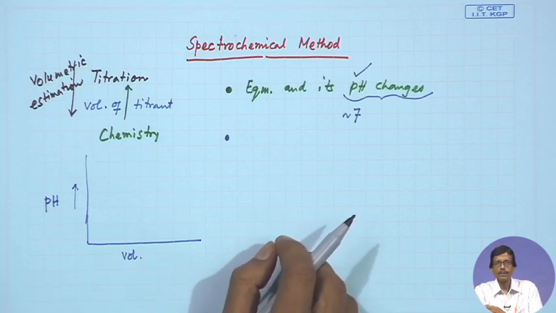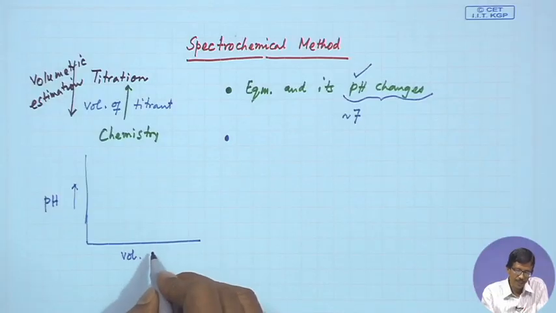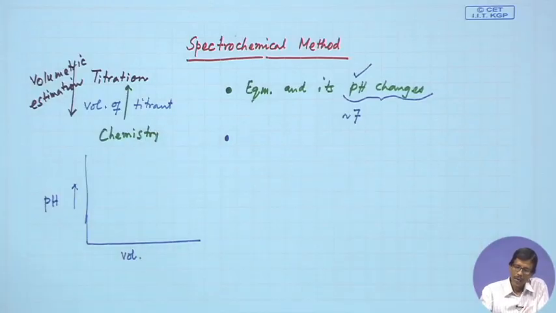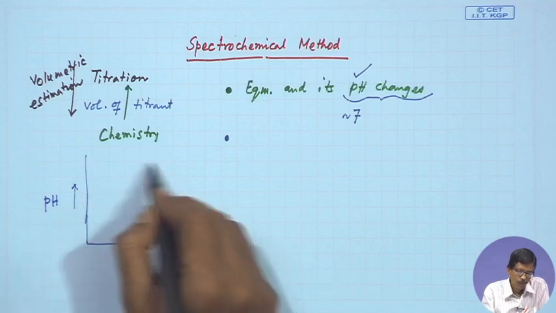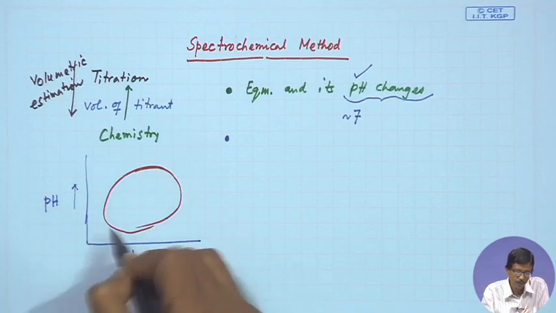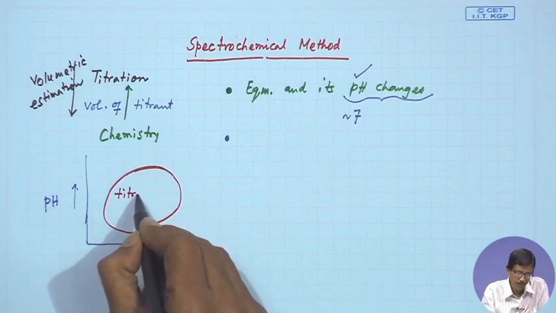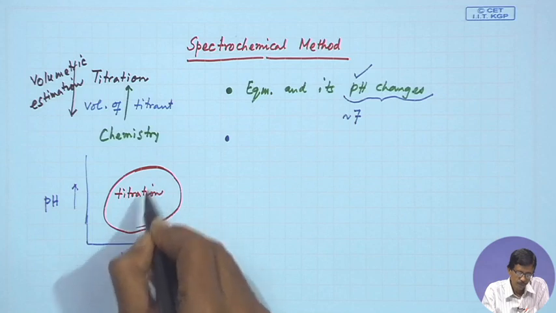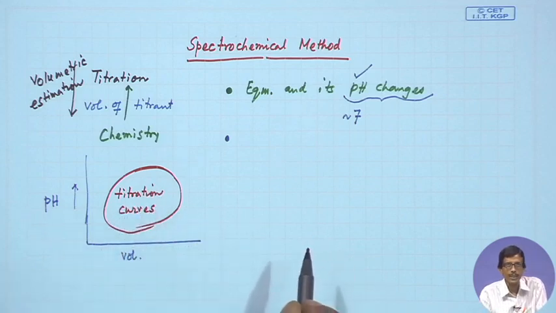So, whatever plot we will be getting in this fashion, that means the volume of the titrant we are adding, and due to this addition of the titrant your pH will be changing. So, whatever we will be getting over here, this plot basically will give us something which is known as your titration curves. So, these are nothing but your titration curves.